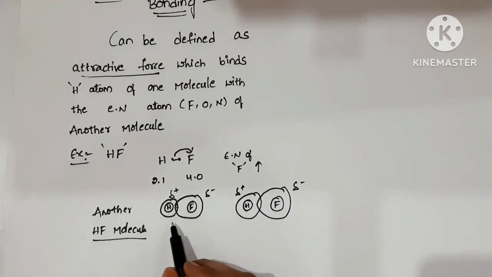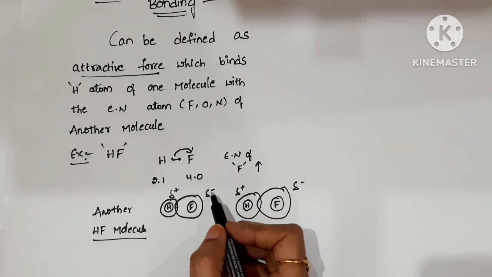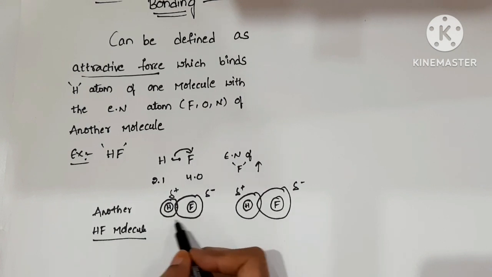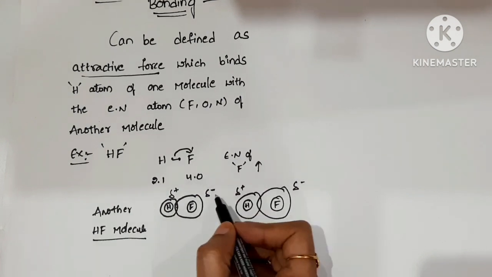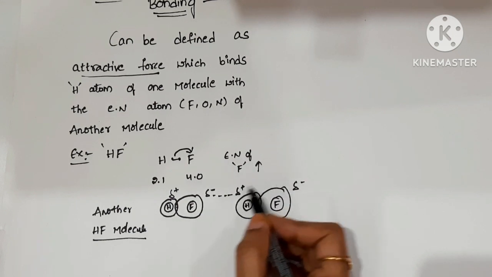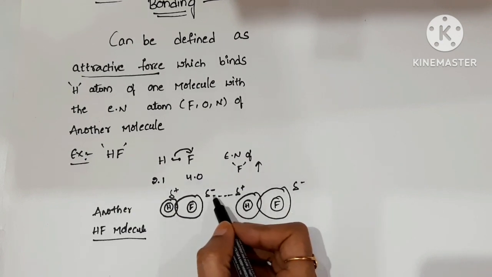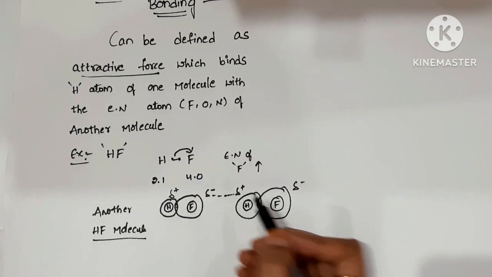So here I am taking two hydrogen fluoride molecules. This is one and this is another one. The negative pole of one hydrogen fluoride molecule attracts the positive pole of another hydrogen fluoride molecule. I have represented this by dotted lines.